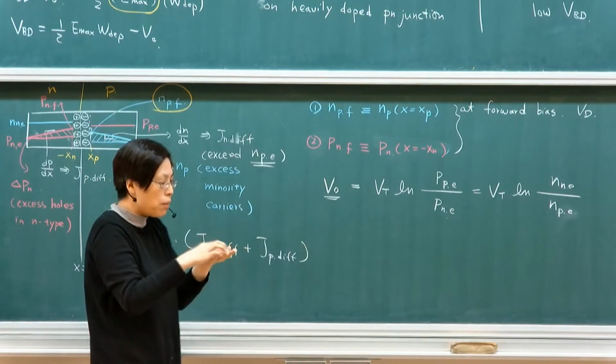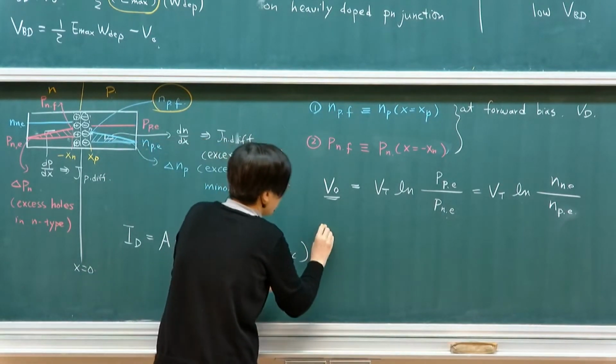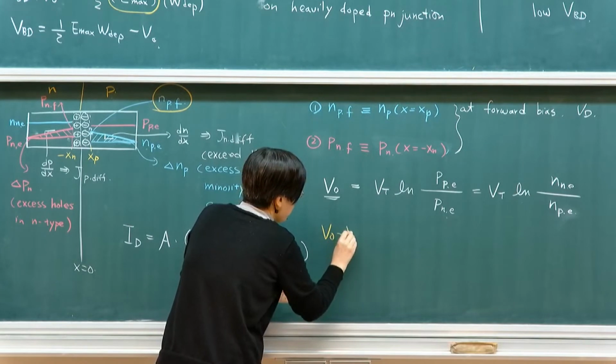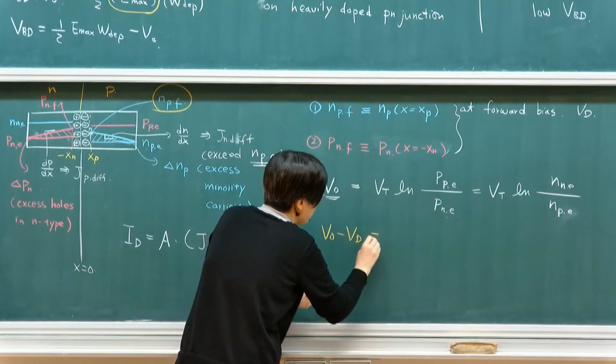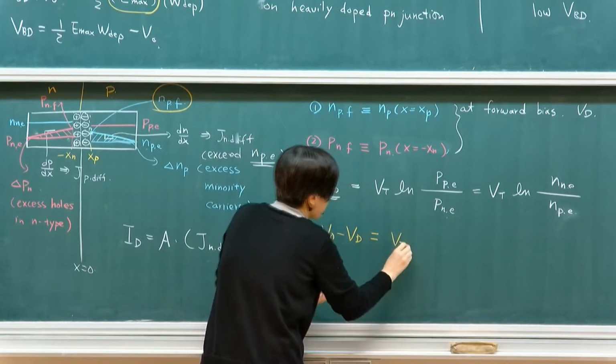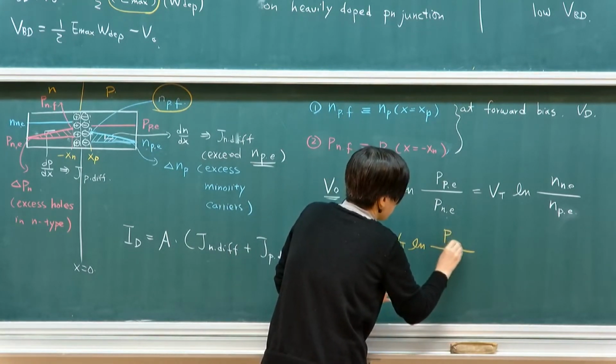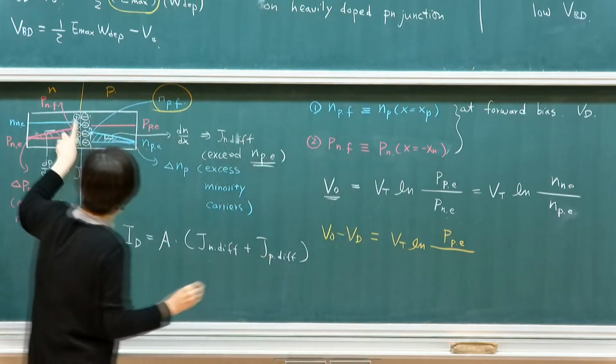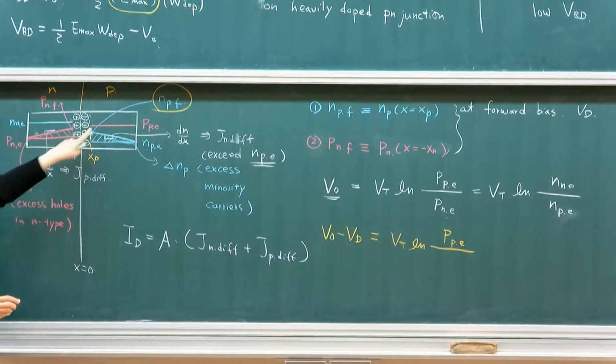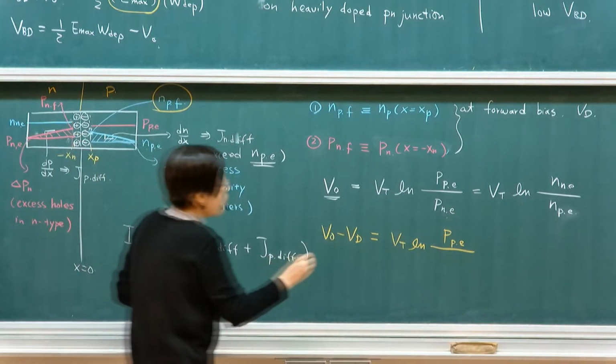So if I'm reducing the barrier, I'm rewriting, my barrier is being reduced by VD. So what happened is that this will be VT. If I'm only looking at the holes, it will be PP. On this side, it will still be PP, but on the other side, it will be PNF.